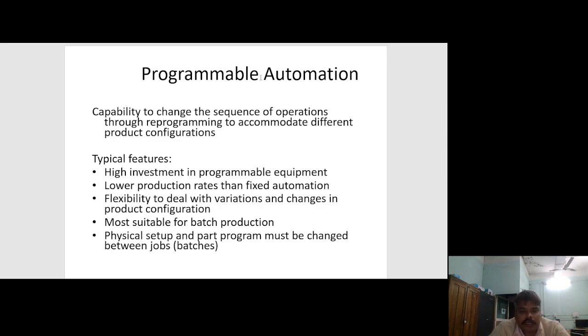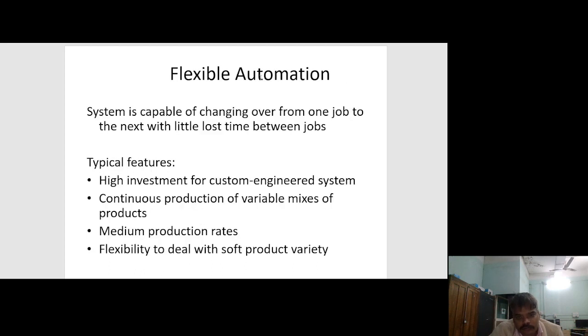Programmable automation: capability to change the sequence of operations through reprogramming to accommodate different product configurations. Typical features: high investment in programmable equipment, lower production rate than fixed automation, flexibility to deal with variations and changes in product configuration, more suitable for batch production; physical setup and part program must be changed between jobs.